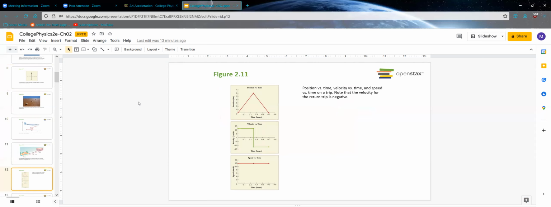And these graphs kind of explain that conversation there, right? The top graph is position. So since the position is back at 0, according to the graph, we kind of are where we started, but you did move, hence the triangle, right? Same thing with velocity. You have a positive velocity, you have a negative velocity. Those cancel each other out mathematically, but you still moved.